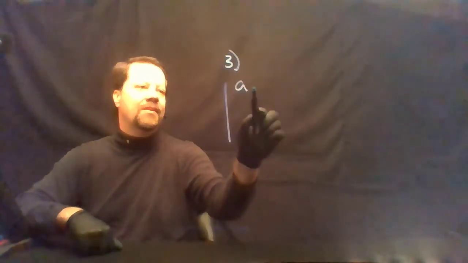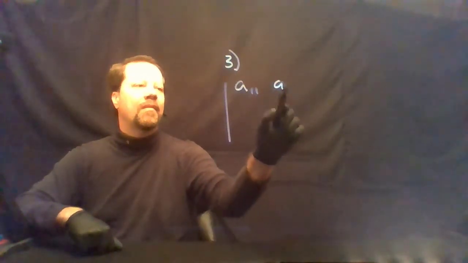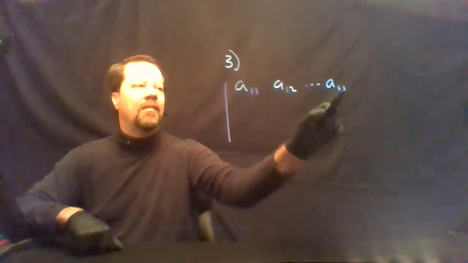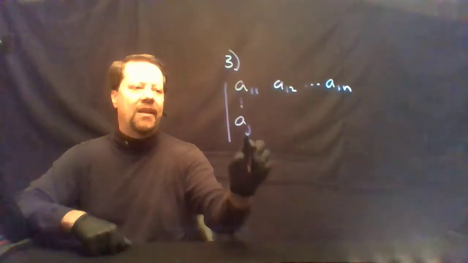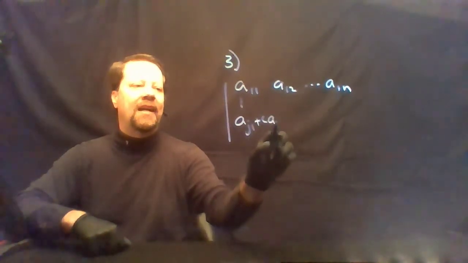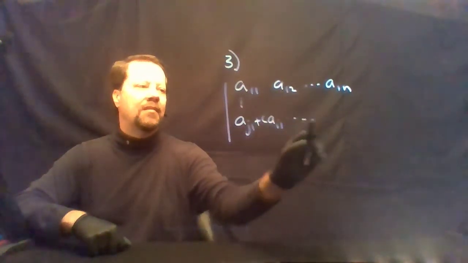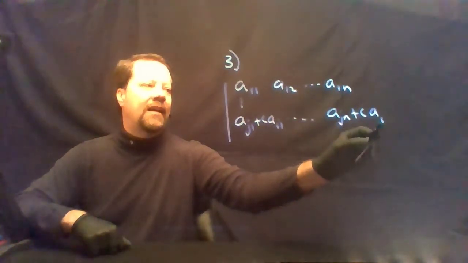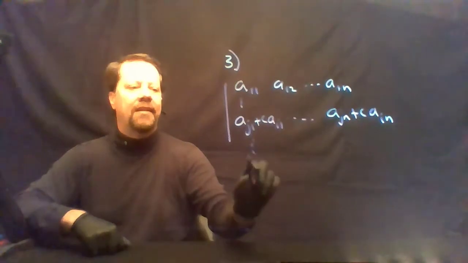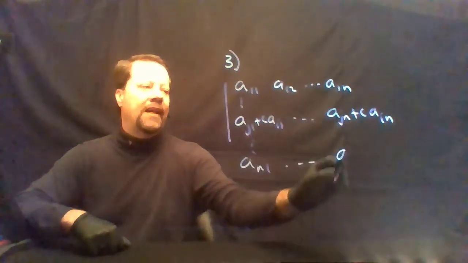For part 3, we'll suppose that the matrix will have on the jth row a_j1 plus c a_i1, through a_jn plus c a_in, and then a_n1 through a_nn.